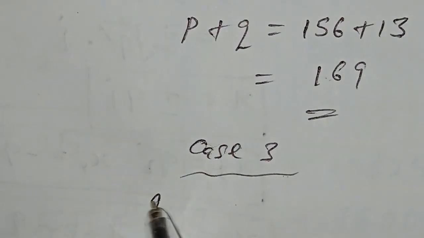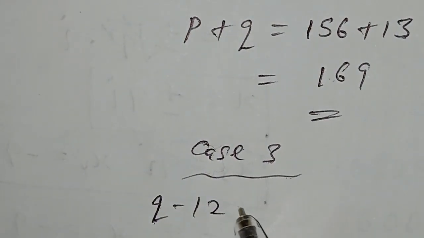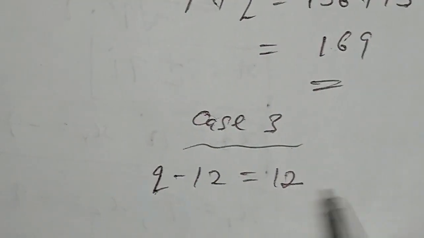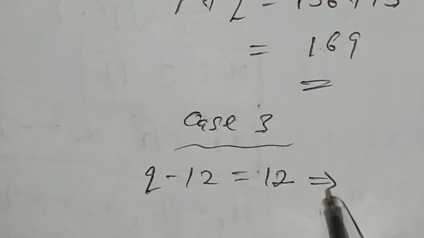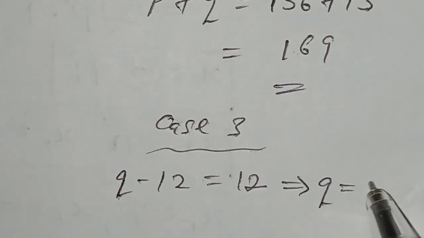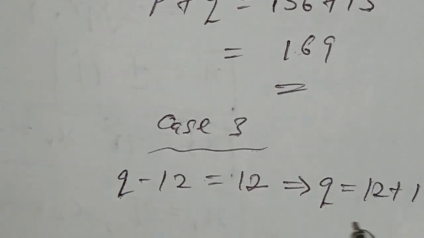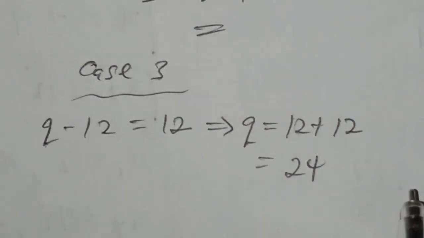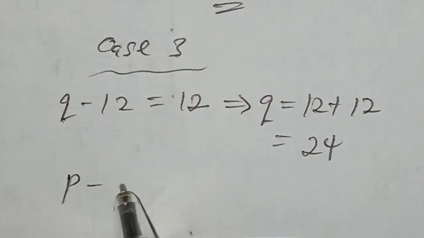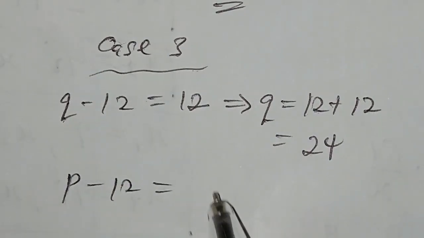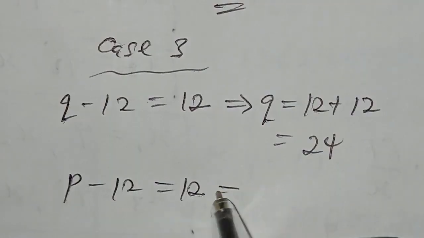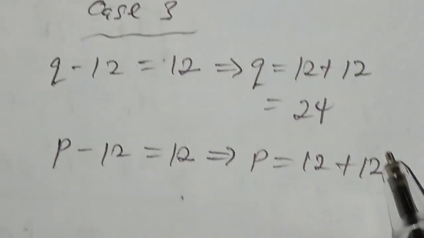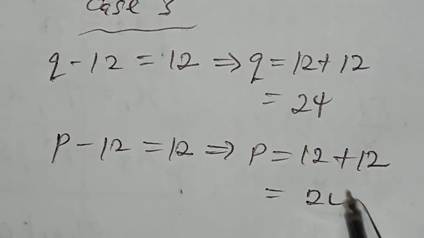Now solving for P plus Q in case 3, we have Q minus 12 equal to 12. This implies that Q will be equal to 12 plus 12, which is equal to 24. Likewise, P minus 12 is equal to 12, which implies that P will be equal to 12 plus 12, which is equal to 24.